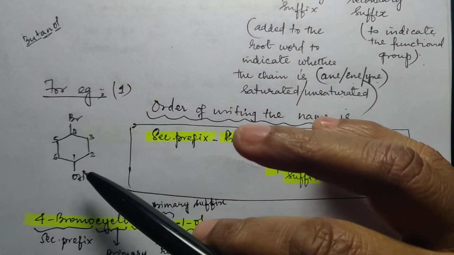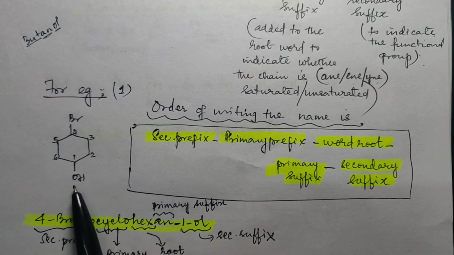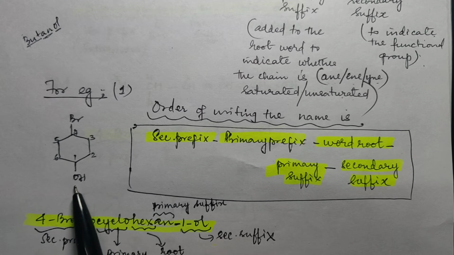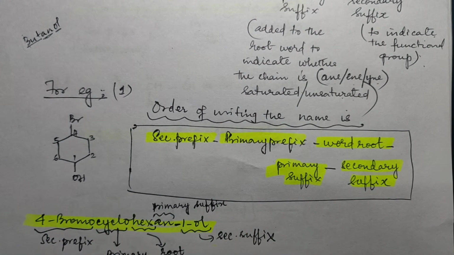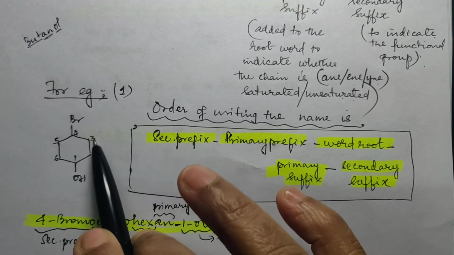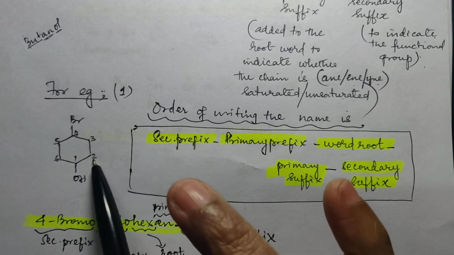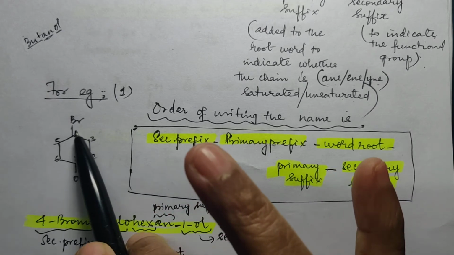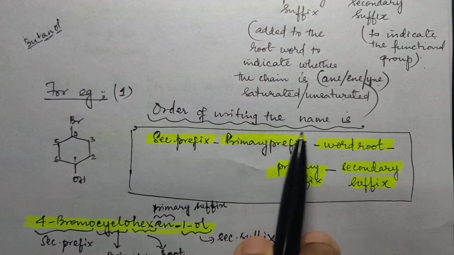Now here the example, you have two functional groups. One is OH group, that is alcohol, and the other one is halo group, here it is bromine. And in between you are having a hexagonal chain. What is this hexagonal ring? This is cyclohexane ring.